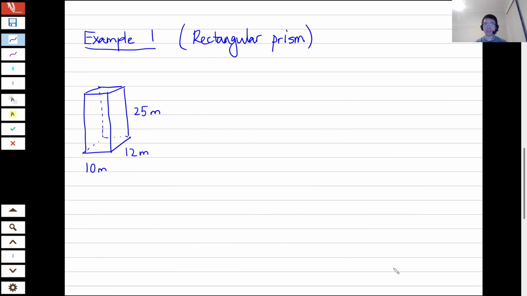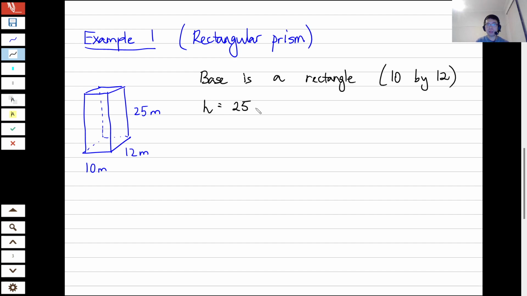So let's do some examples. All right, so here, my base is a rectangle, 10 by 12, and my height is 25 meters. So my area of my base is 10 times 12, and that gives me 120.